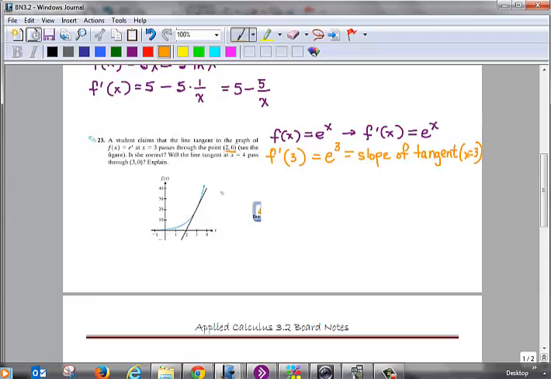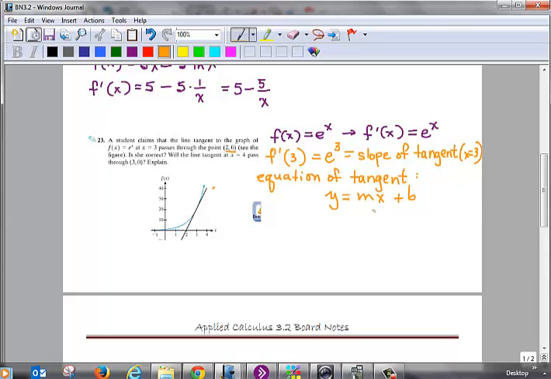All right, the equation of the tangent. Remember, tangent is a line, so it satisfies y = mx + b, and I already know that the slope is e cubed. I know the value of x is 3, so I could plug that in.